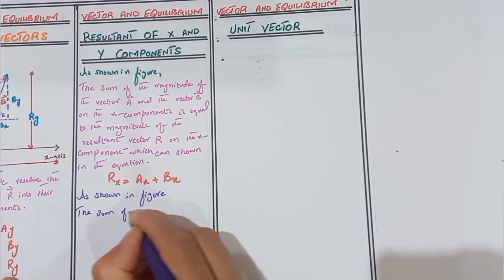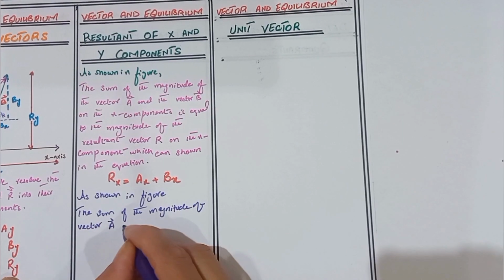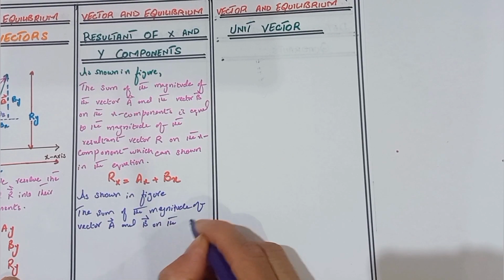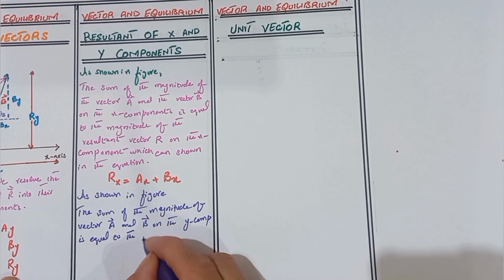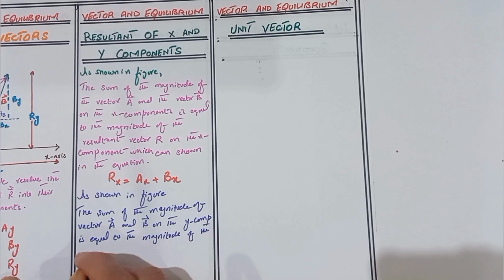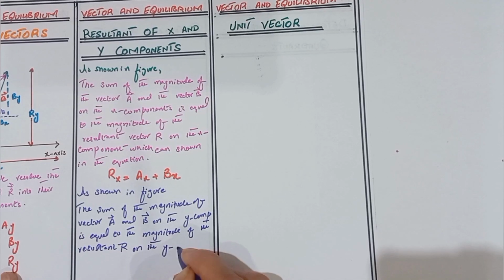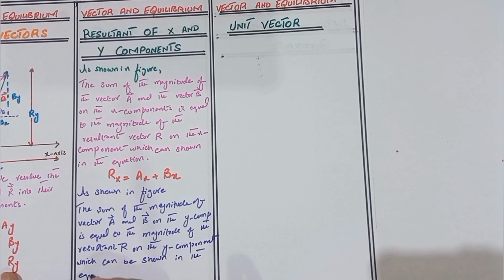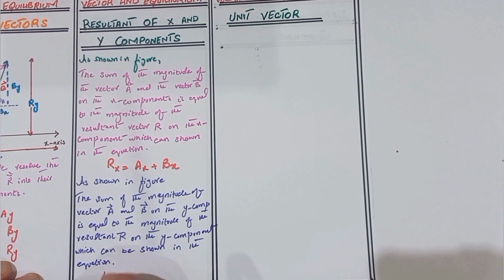The sum of the magnitudes of vectors A and B on the y component is equal to the magnitude of the resultant R on the y component, which can be shown in the equation Ry = Ay + By.